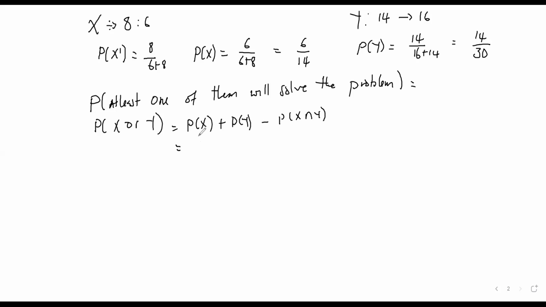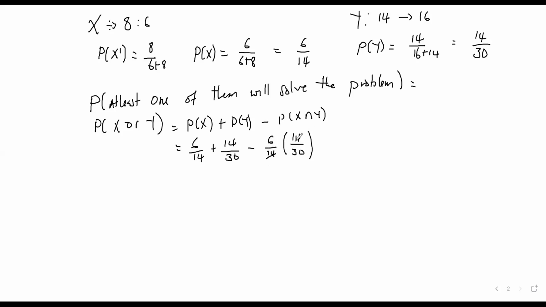So the probability of X is given as 6 out of 14, plus 14 out of 30, minus the probability of X intersection Y. If Y solves it or X solves it, it doesn't affect the other. So the two probabilities are independent, and we're going to multiply them: 6 over 14 and 14 over 30.